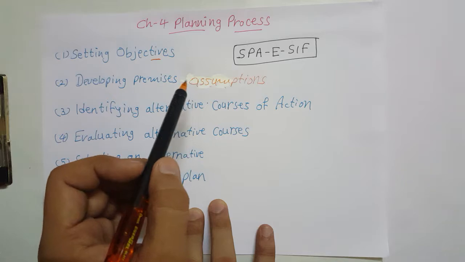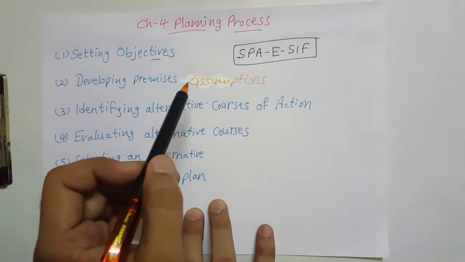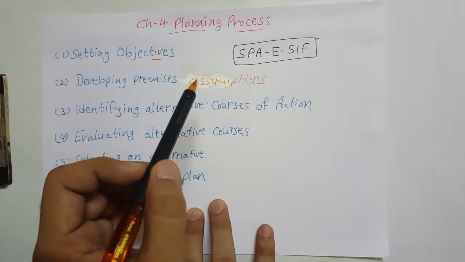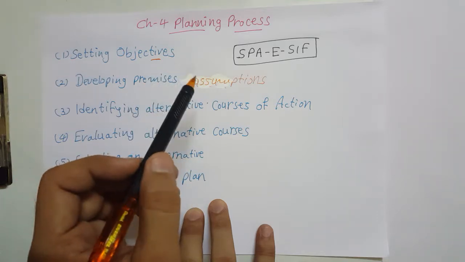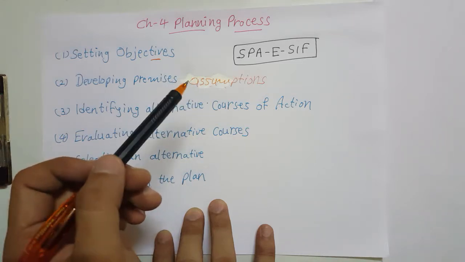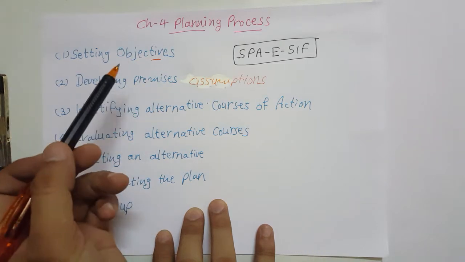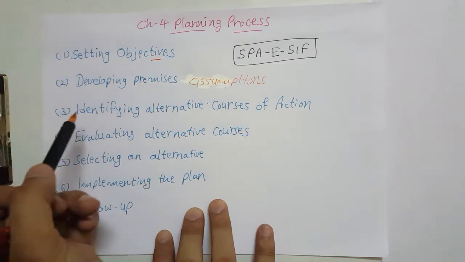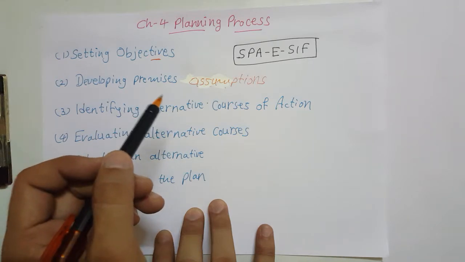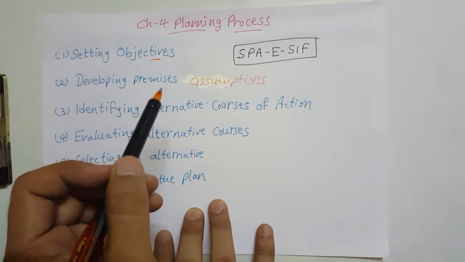Many persons have limited minds or limited imagination, so we have to take the help of other managers or other persons to find out the various courses of action, because objectives are already planned. To fulfill those objectives, what kind of actions we have available, and on the basis of that we are going to do the final selection.